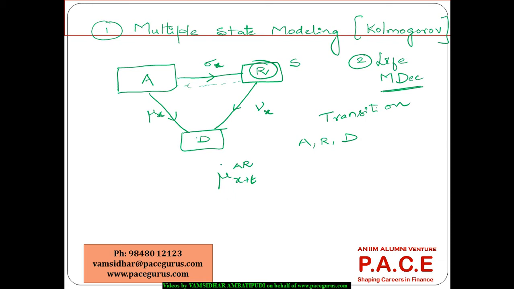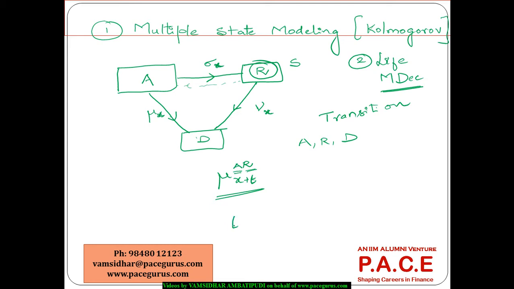It is the transition intensity from state A to state R by the time he reaches the age x plus t.